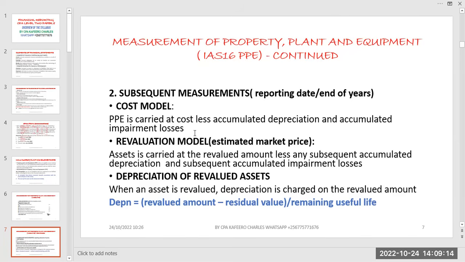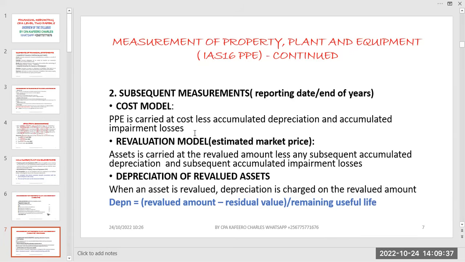Then the second model is the revaluation model. Revaluation, we said, is the estimated market price. We get what will be recovered from the asset at the point of revaluation.